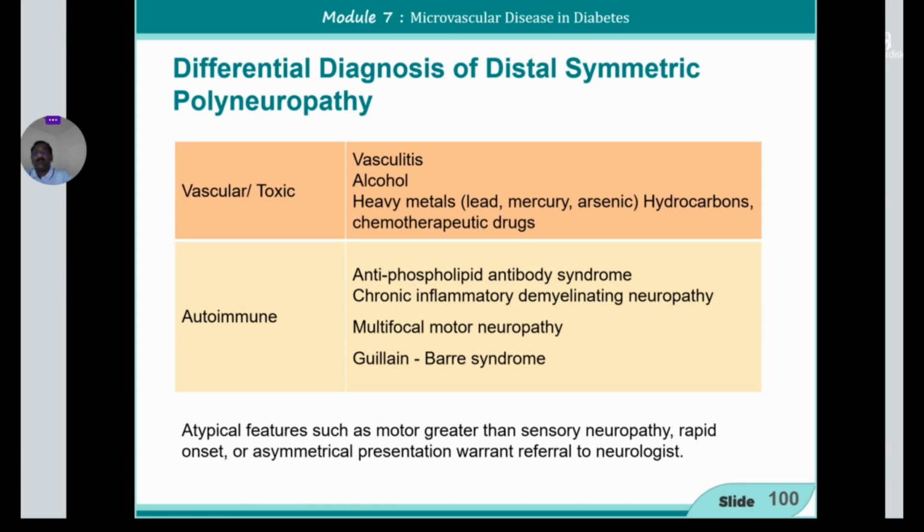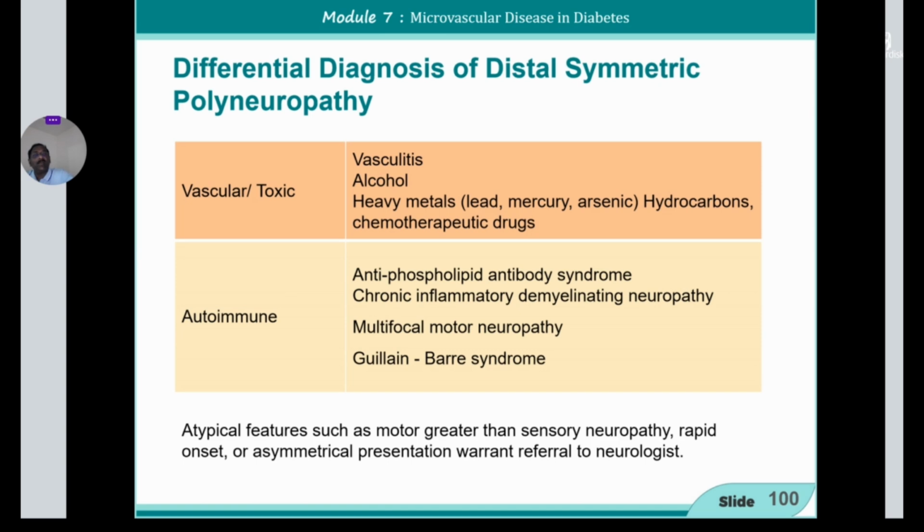Vascular and toxic: alcohol is very, very common. Vasculitis, heavy metals, hydrocarbons, therapeutic drugs. So these are all the causes vascular-wise or toxic-wise. And autoimmune: antiphospholipid antibody syndrome, chronic inflammatory demyelinating neuropathies, multifocal motor neuropathy, or Guillain-Barré syndrome.